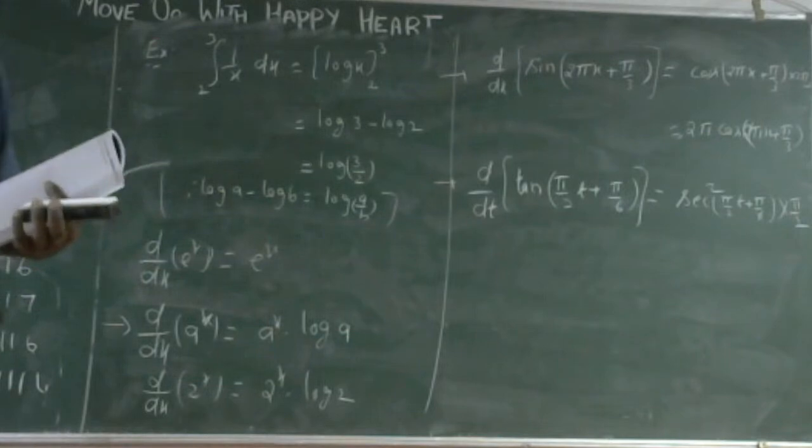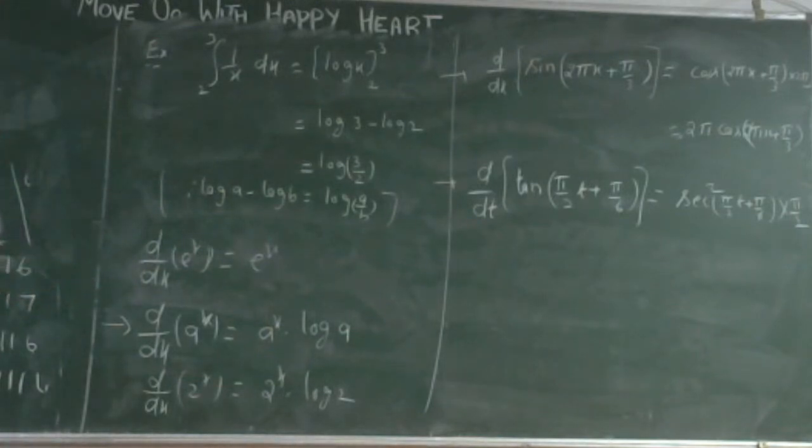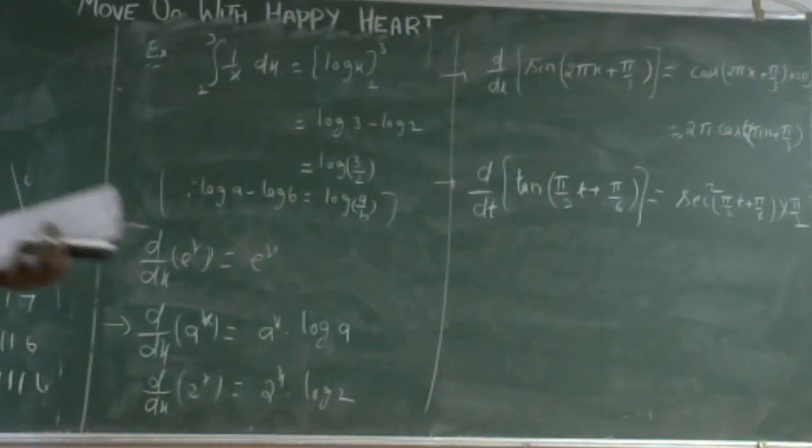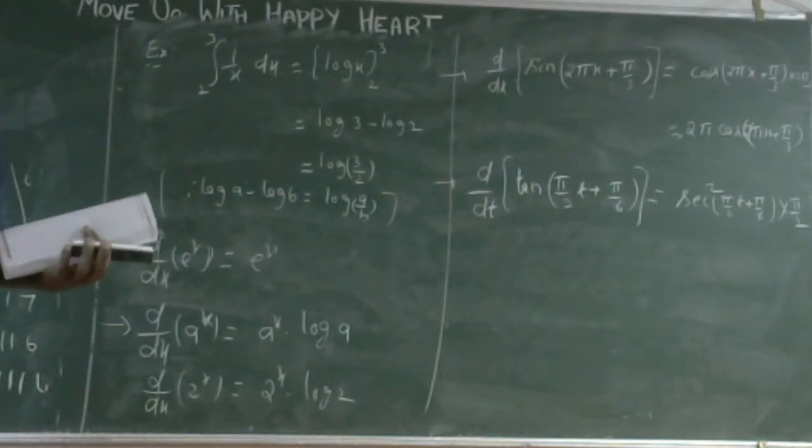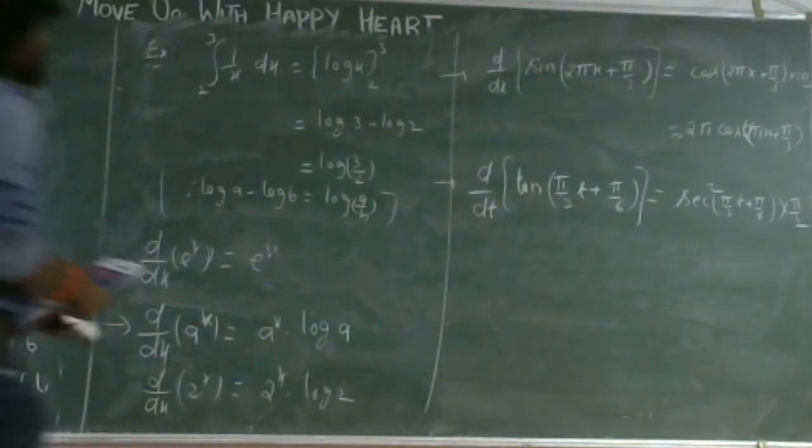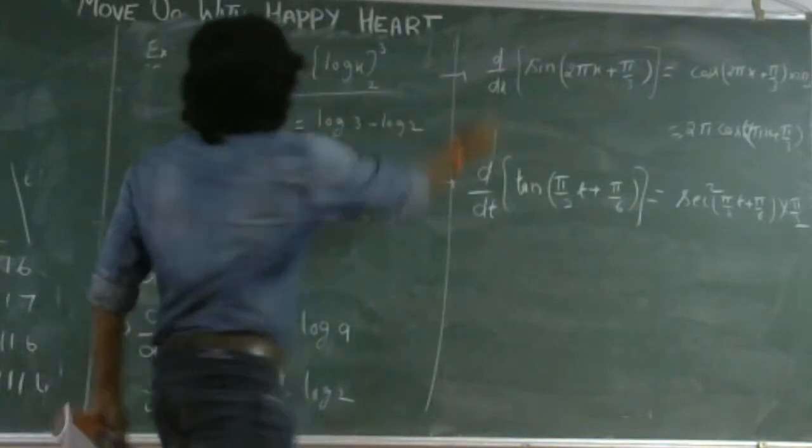You have to remember the differentiation of x power n form, log x form, e power x form, trigonometric ratios. Similarly in integration also, you have to remember the basic relations: the integral of x power n, integral of e power x, integral of 1 by x, integral of trigonometric functions.